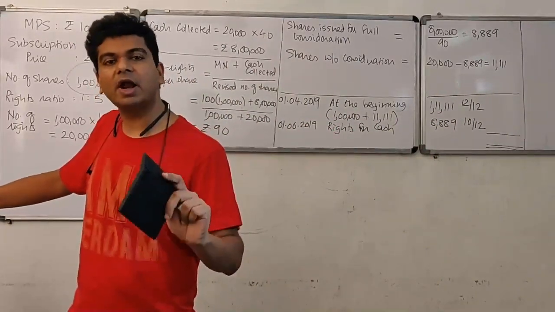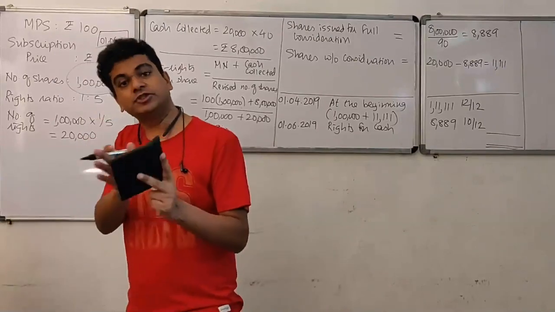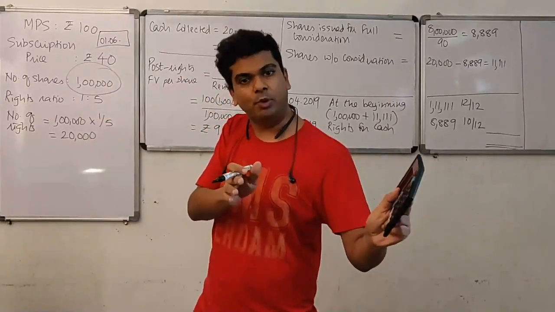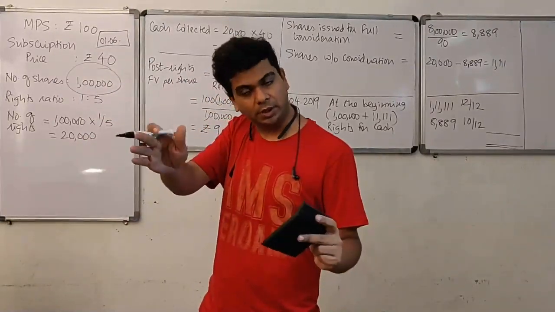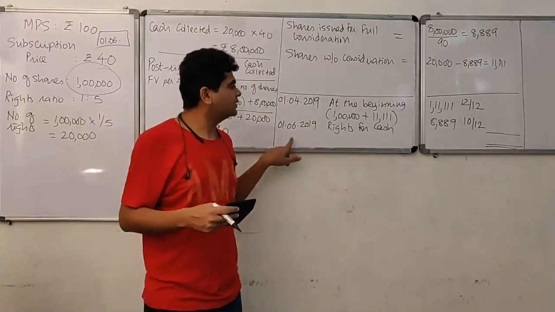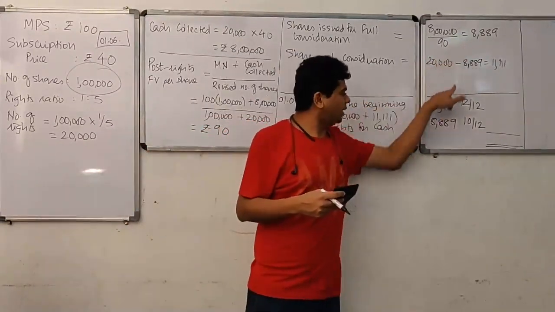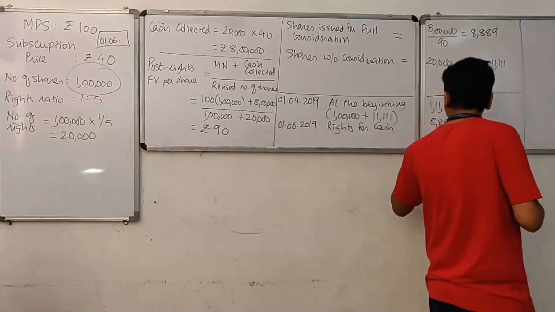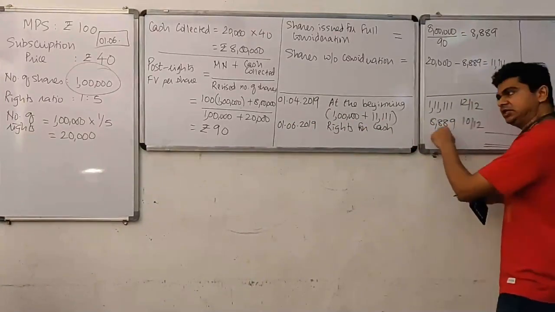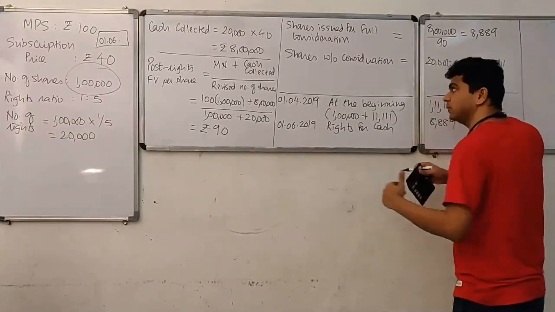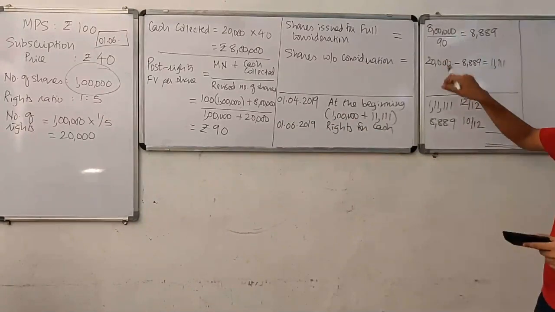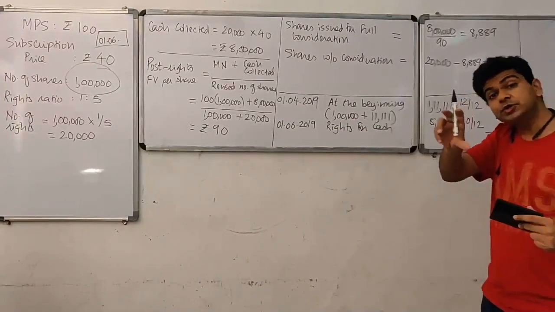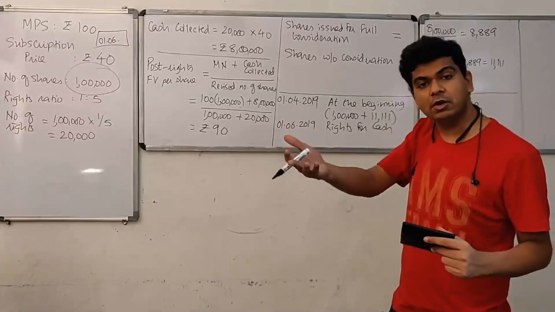So whenever there is a rights issue of shares, you should split it into its cash component and its bonus component. Cash component, in our example, is for 8889 shares. Since you have received cash, since you have received consideration, consider from the date of allotment. There are certain shares which we have simply issued because you have given a discount to your shareholders.